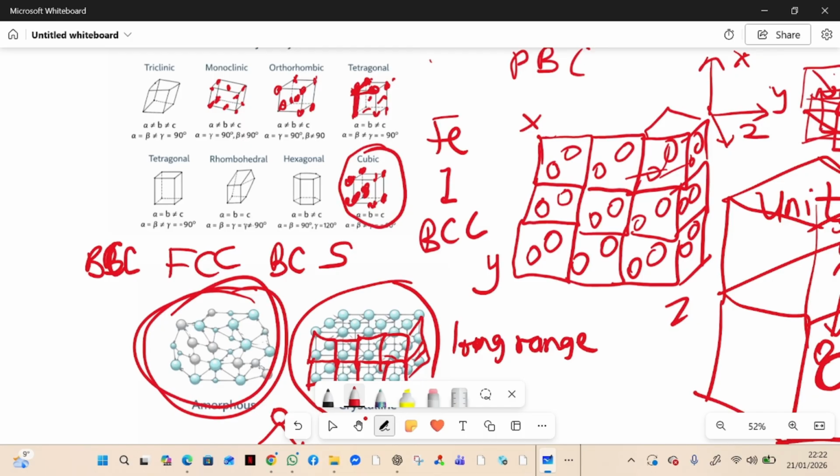So you have lattice constant A equal to B equal to C for the cubic system here. So A, B, C is the lattice constant, and then we also have the angles alpha, beta, and gamma. But the lattice constant is A, B, and C, and you come across that when you are cleaving surfaces, when you are describing unit cells.